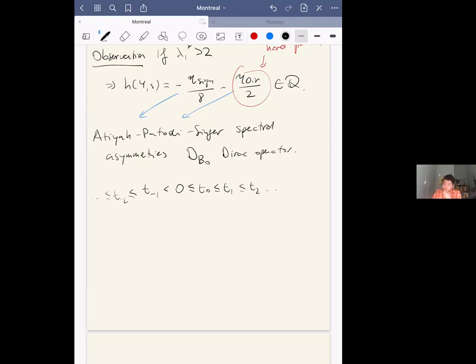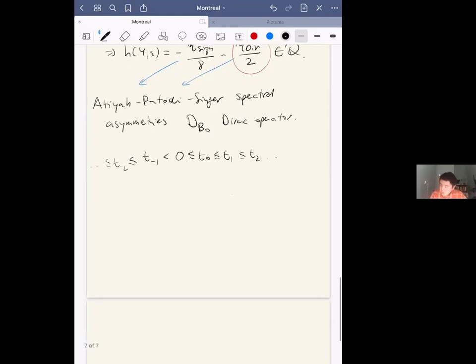The spectral asymmetry really just measures in some sense how many positive eigenvalues there are and how many negative eigenvalues there are. Of course, this doesn't make sense because they're infinite in both directions, so it's defined in some kind of regularized way.